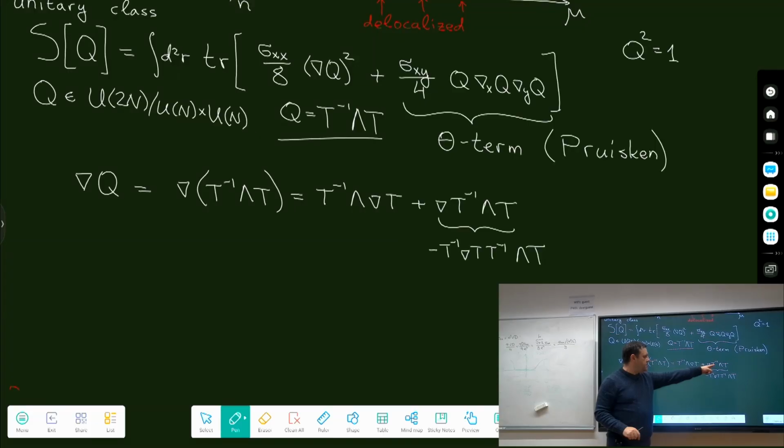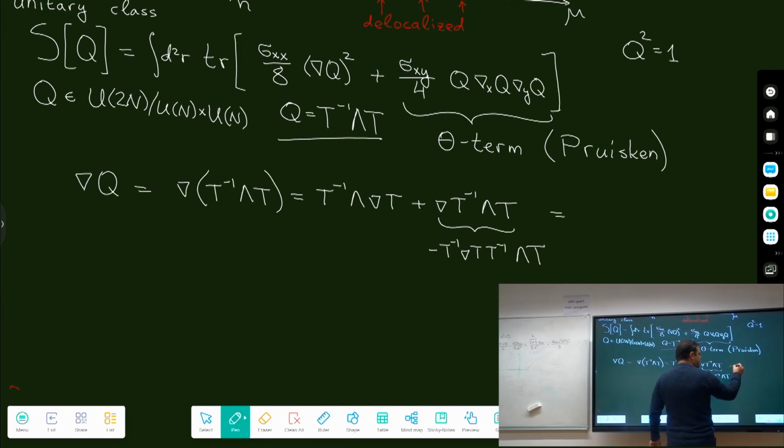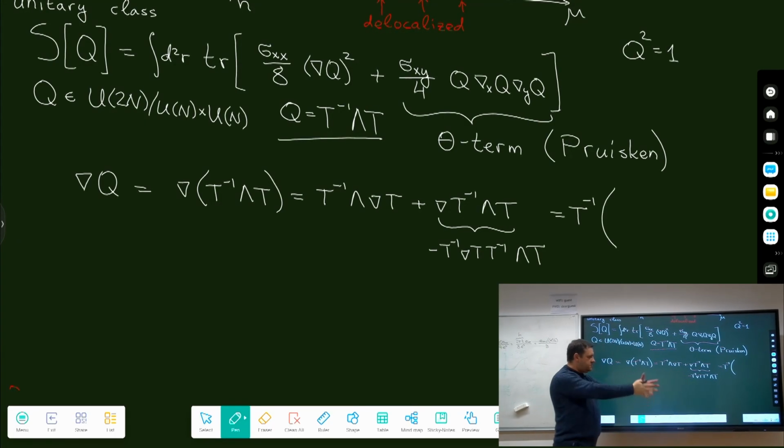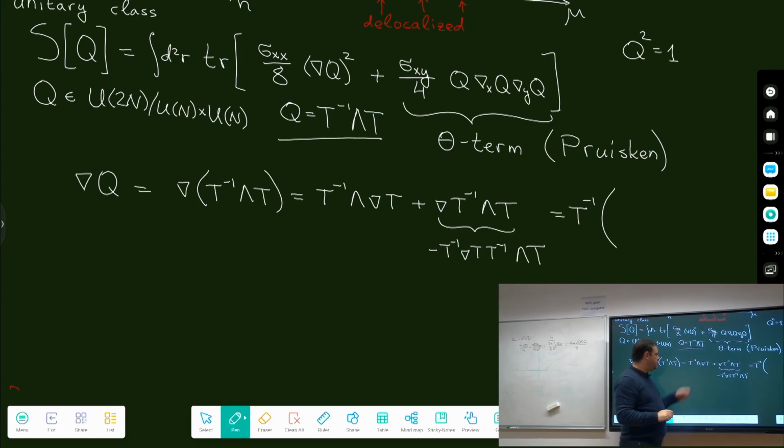So I can rewrite the second term in this form. And when I do this and look at what I have, T inverse is on the left in both terms, here and here. So I can write T inverse times something, take this common factor out.